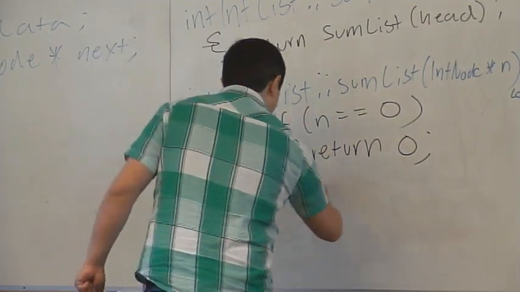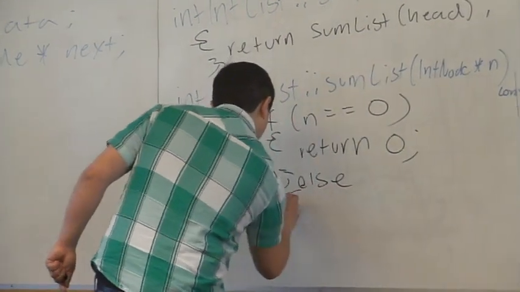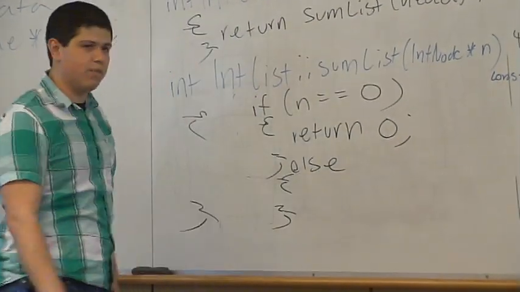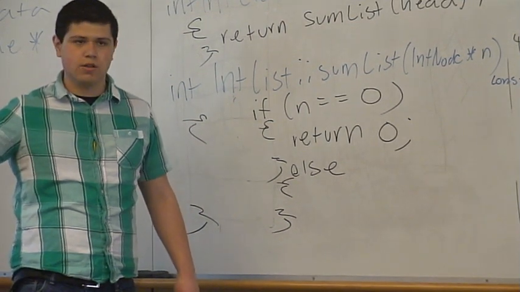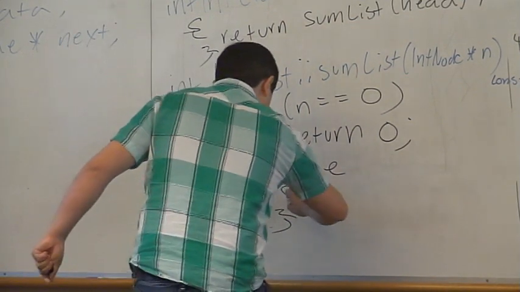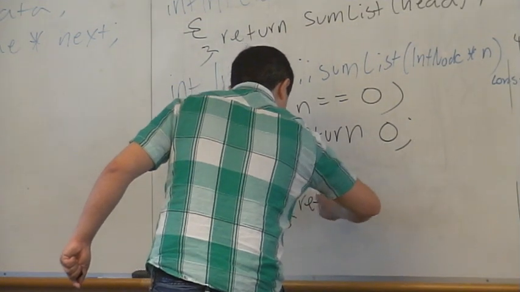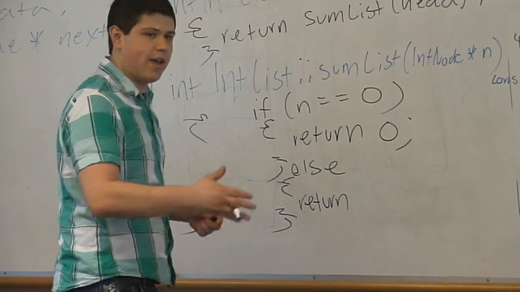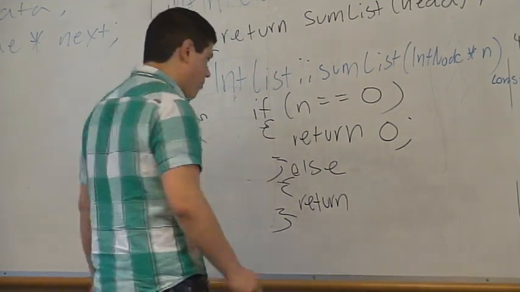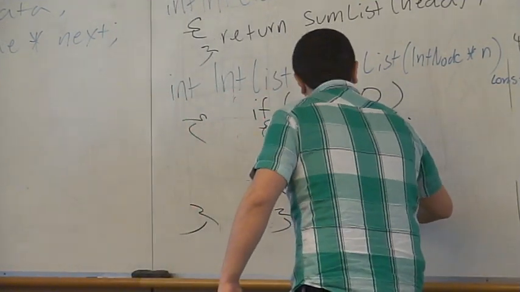And otherwise, if the list is not empty, then what do I return? Return the sum list. Yeah, return the sum of the list after n plus n's data. Yeah.